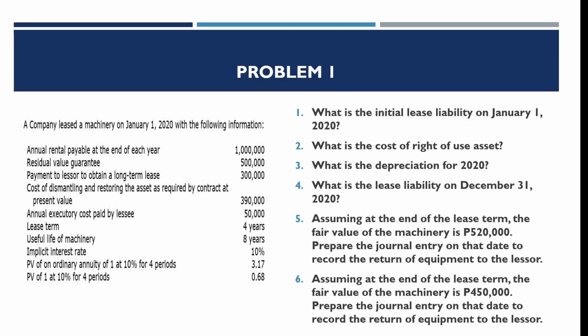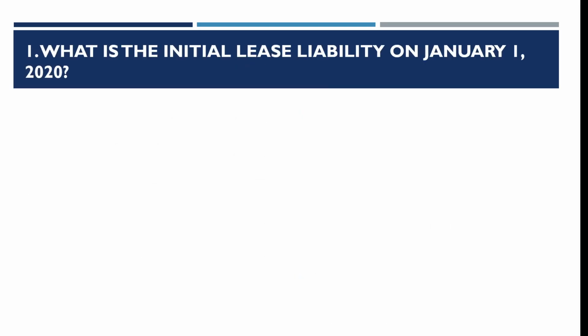Isa-isahin natin sila. Ready? What is the initial lease liability on January 1, 2020? So, kung ano man yung mga components kanina, yun lang din ang isasali natin sa computations ng initial lease liability. Okay? So, the first component, present value of rentals.